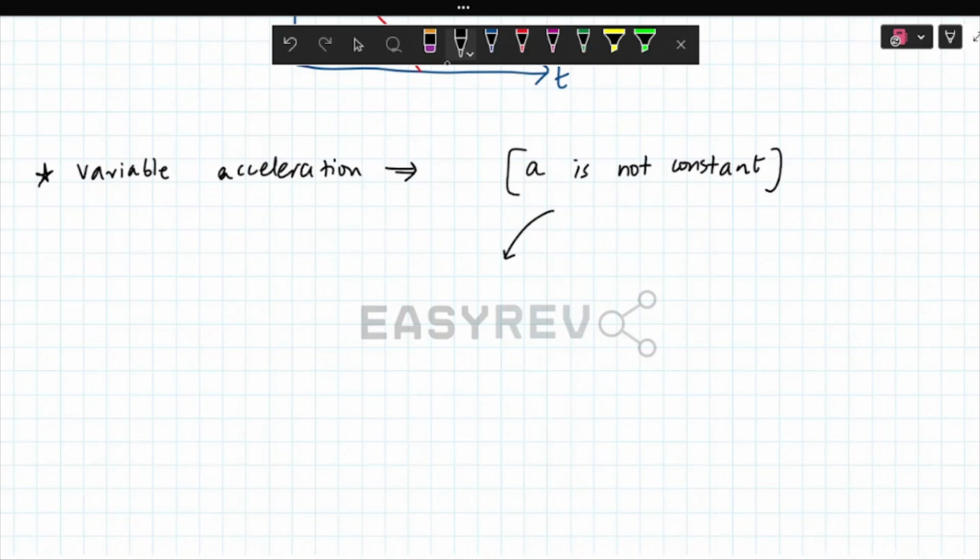There will be a kind where acceleration increases with time. That's what we call increasing acceleration. And then there's another kind where acceleration continues to decrease, and that's what we call decreasing acceleration.